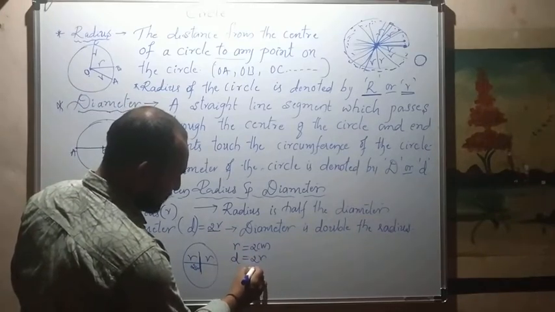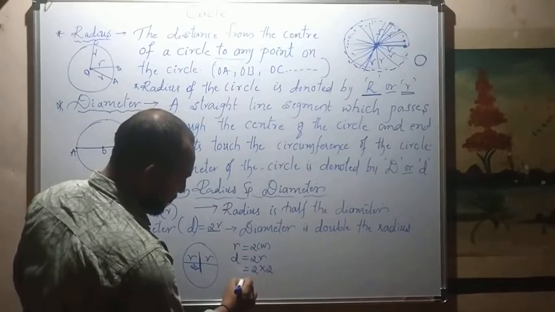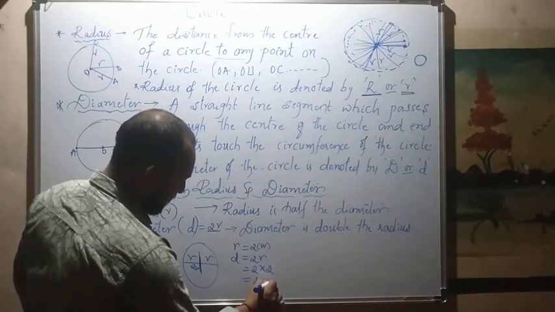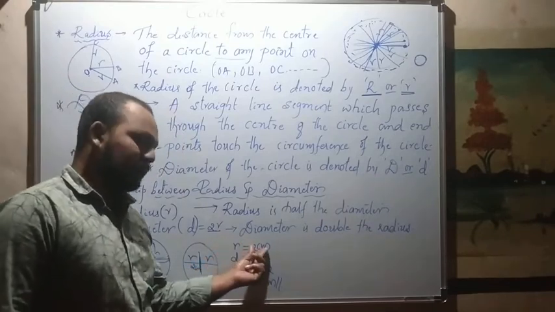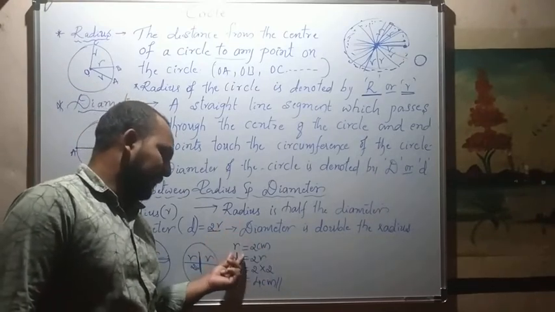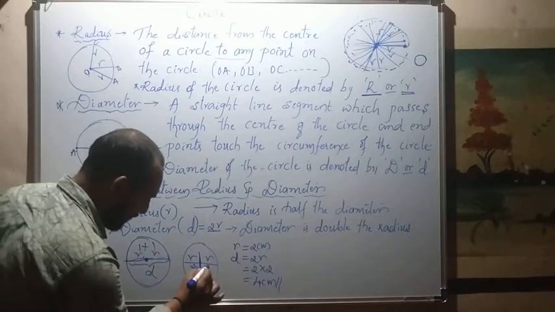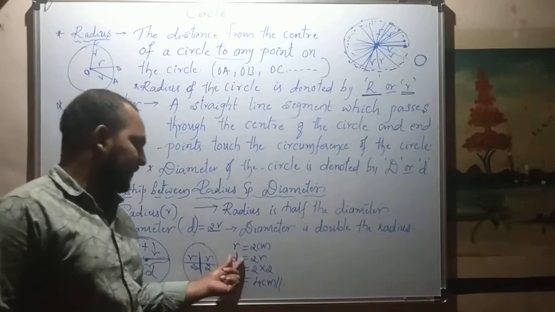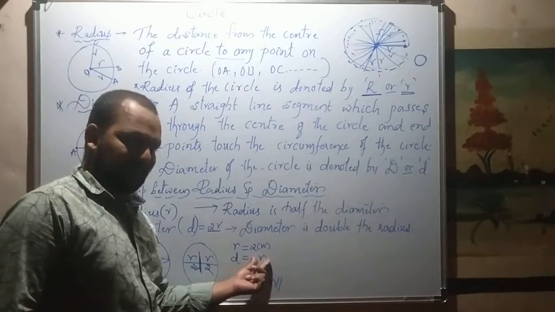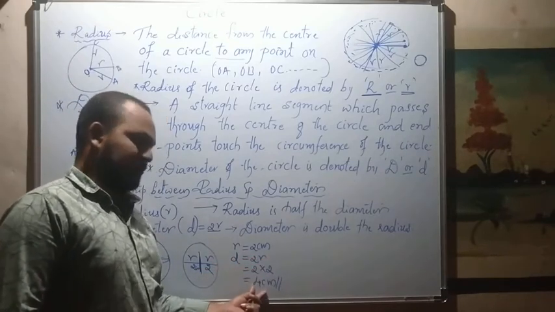R is equal to 2 centimeter. 2 into 2 is 4 centimeter. Understood? The radius was 2 centimeter, then the diameter is 2 times R, that is 2 plus 2, 4. D is equal to 2 times of R, 2 into 2 is 4.